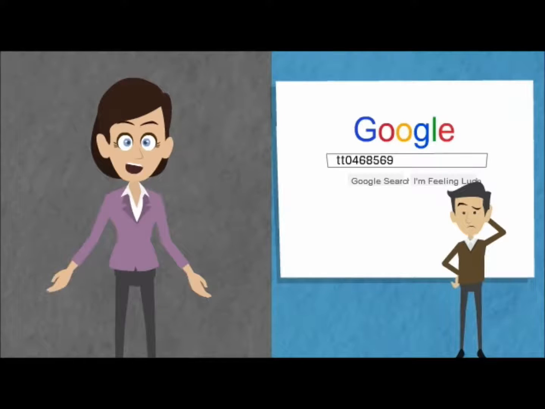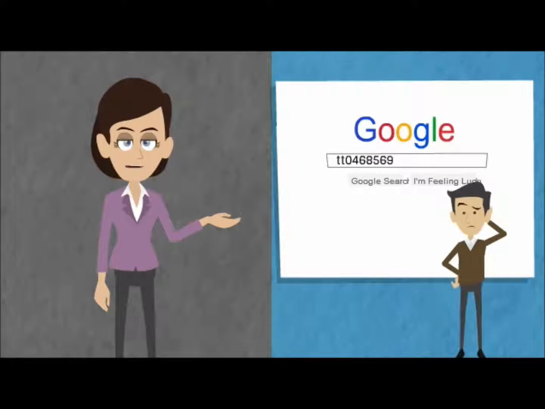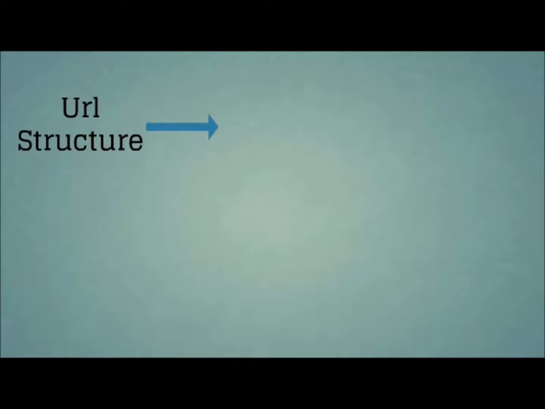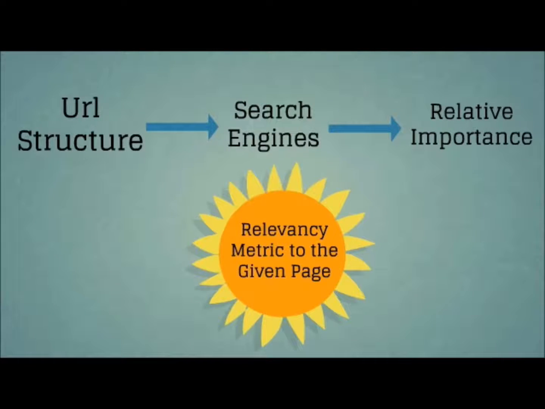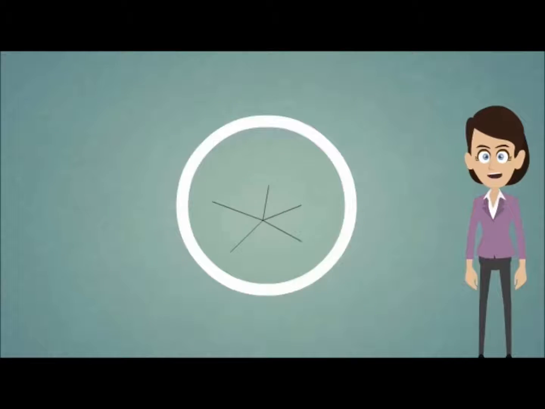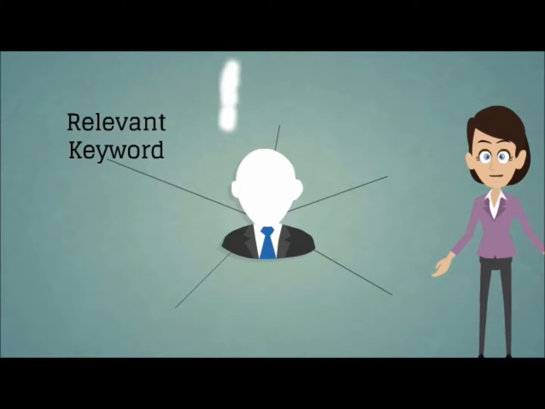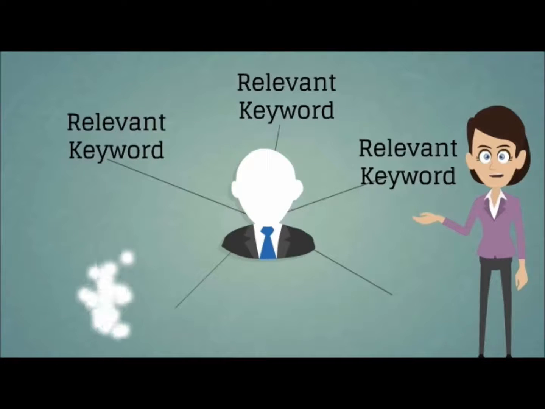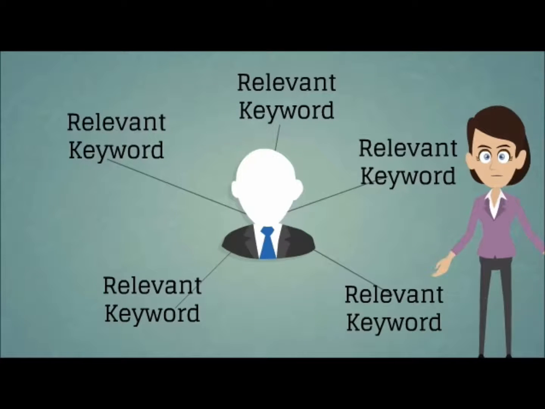This means that the information provided by the URL is of very little value to search engines. URL structure is important because it helps the search engines to understand relative importance and adds a helpful relevancy metric to the given page. It is also helpful from an anchor text perspective, because people are more likely to link with the relevant word or phrase if the keywords are included in the URL.